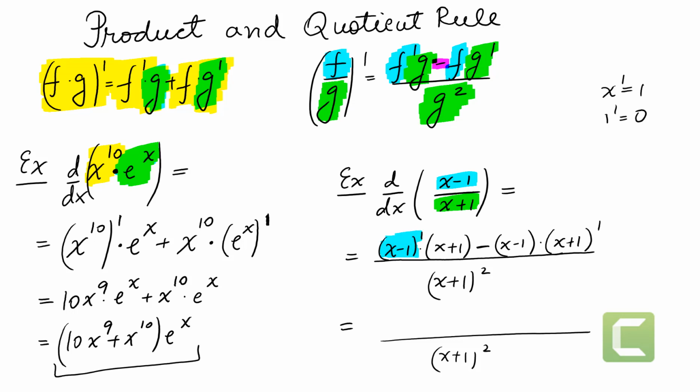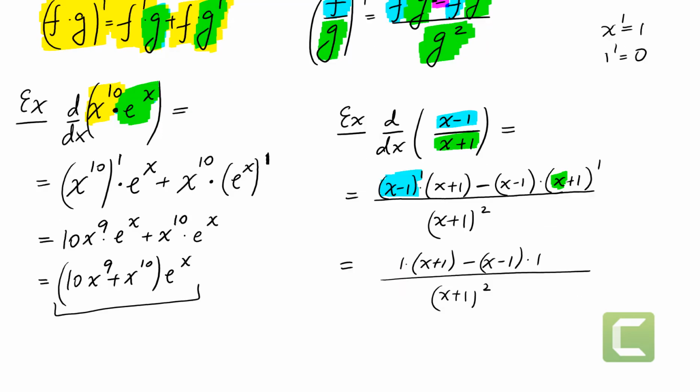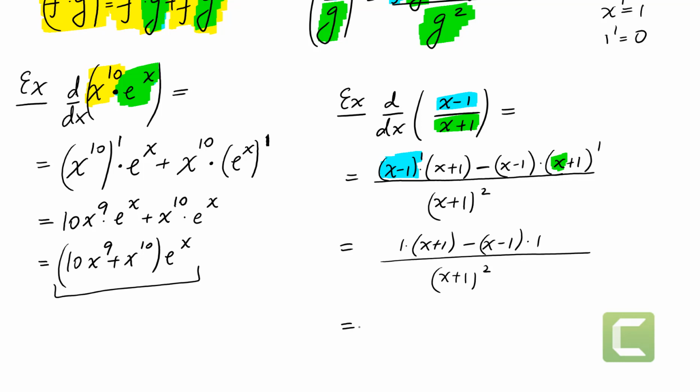X prime is 1. So we end up with 1 times x plus 1 minus x minus 1 times x plus 1 prime, which is 1 prime, that's 0, so times 0... and we can simplify it. 1 times the parentheses is x plus 1, and now minus in front of parentheses we change the signs.